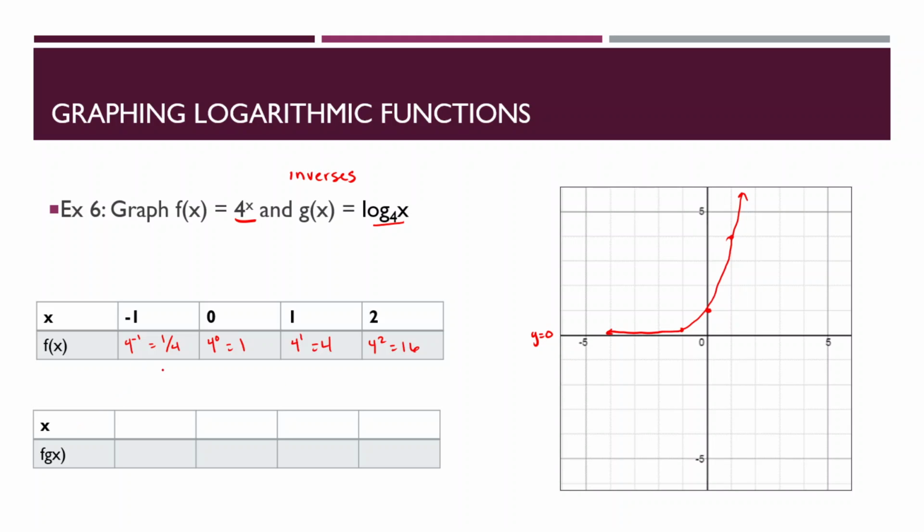Okay, so to find the inverse, what we really want to do is take and flip the values here. So the y becomes the x, and the x becomes the y.